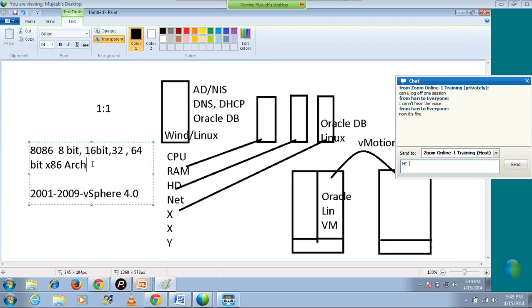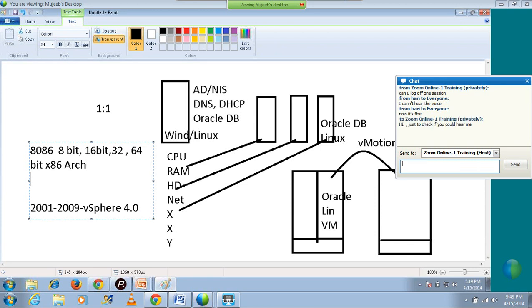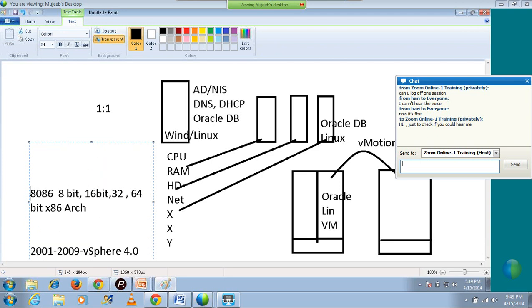Guys, are you aware of these operating systems, like AIX, HP Unix and Sun Solaris? Yeah, we don't have any idea about that. All right. Guys, there are other architectures as well, apart from these.